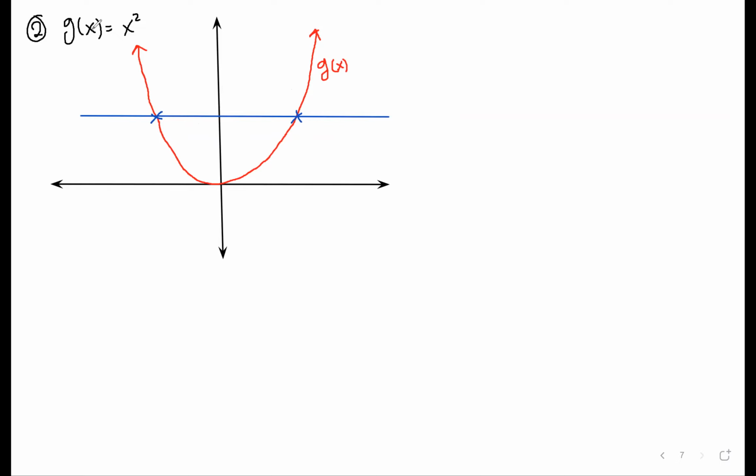This means the function g of x equal x squared is not a one-to-one function.